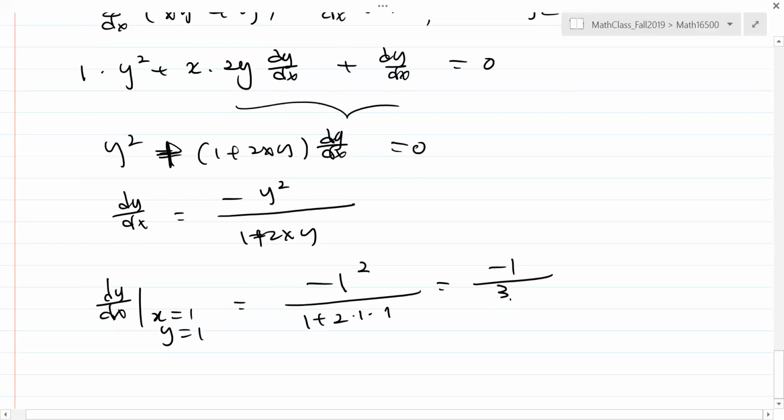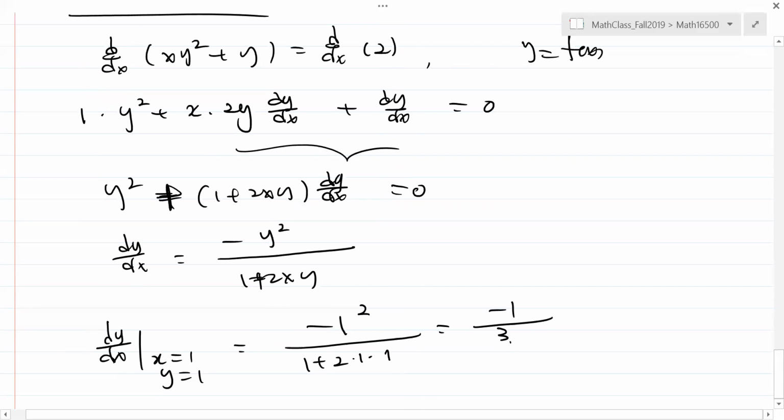So use the implicit differentiation method, and you can simplify the computation. The only thing you have to be careful about is don't forget to put dy/dx, the derivative of y with respect to x, when you differentiate the function.